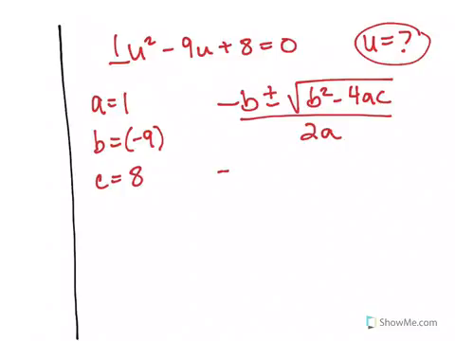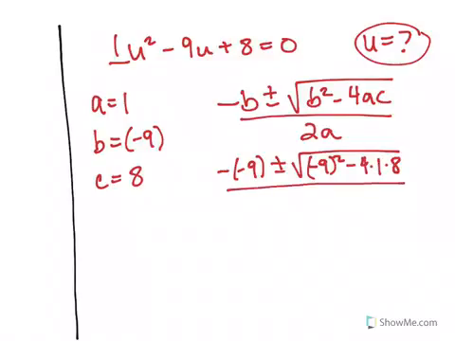Plugging in these values, we get -9 plus or minus the square root of -9 squared minus 4 times 1 times 8, all divided by 2 times 1. That's what u equals in this problem, not x.